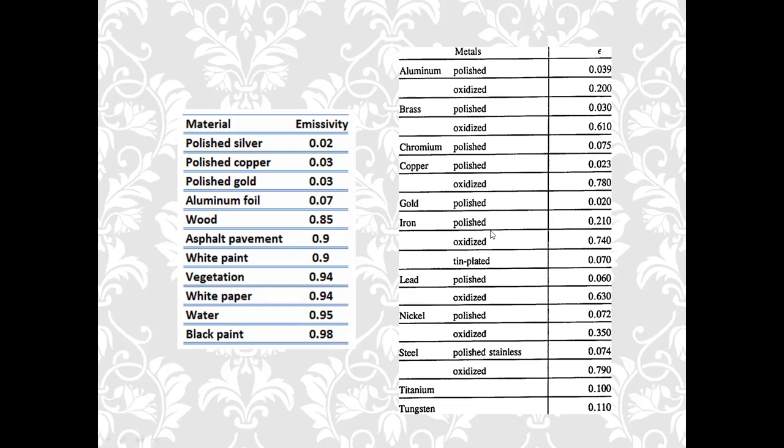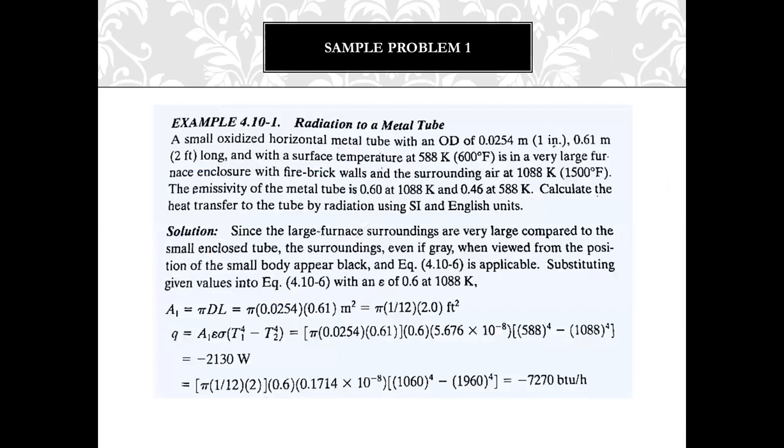And you have here iron, polished, oxidized, and the one that is plated with tin. We also have lead and stainless steel, polished and oxidized. So oxidized materials tend to have higher emissivity over their counterparts, which are polished.